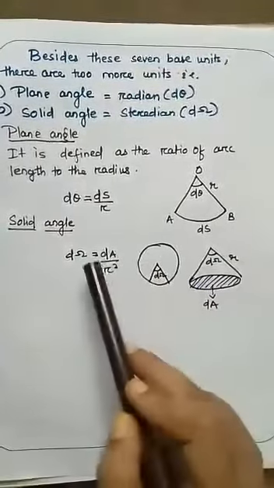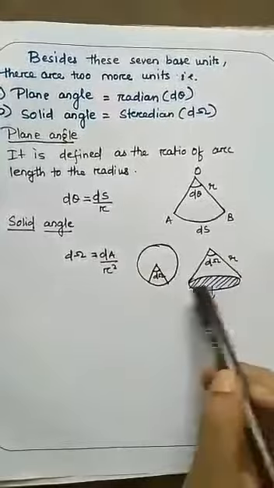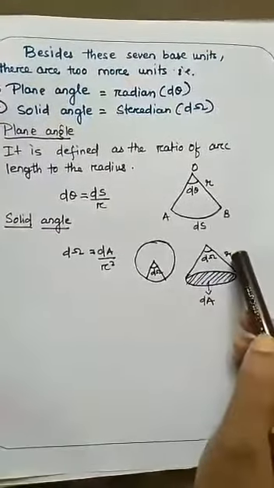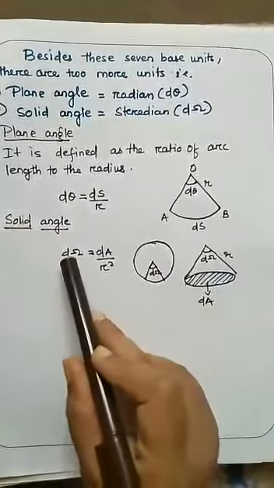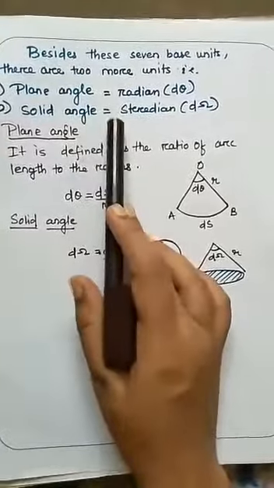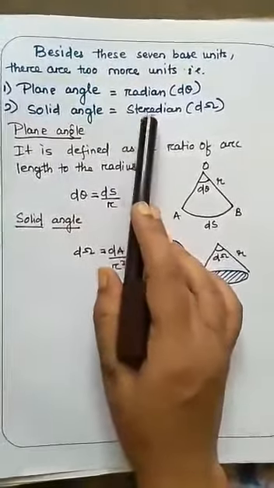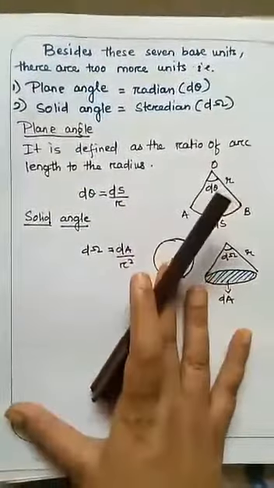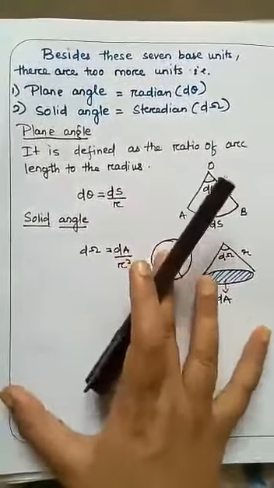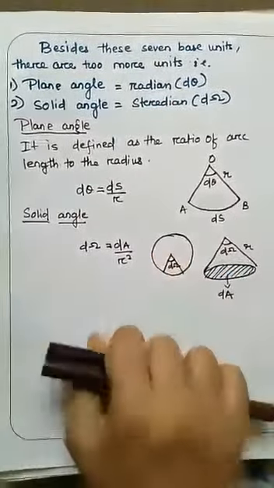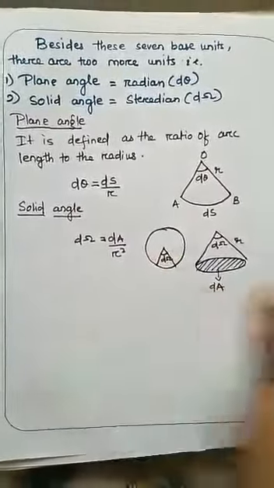The ratio of the area by r² gives us the solid angle, and the base unit for solid angle is steradian. So this is all about physical quantities and units. Next class we will discuss dimensional formula. Thank you.